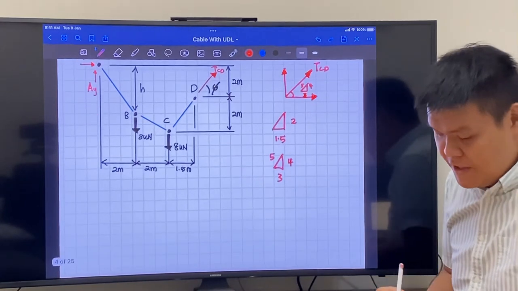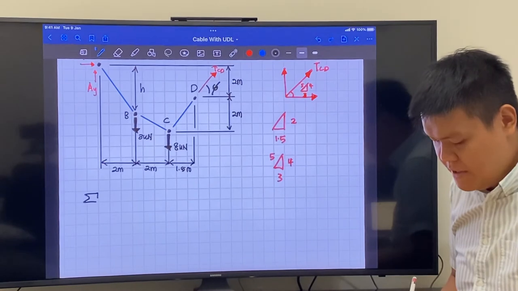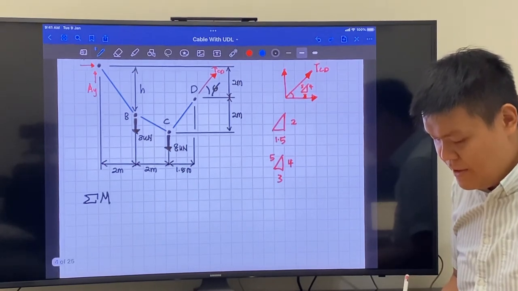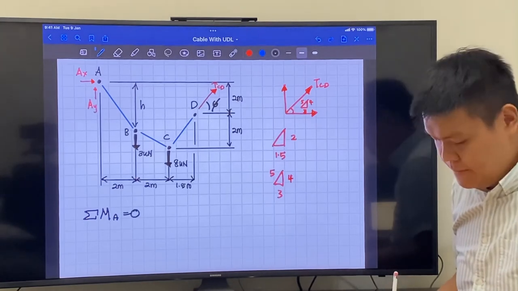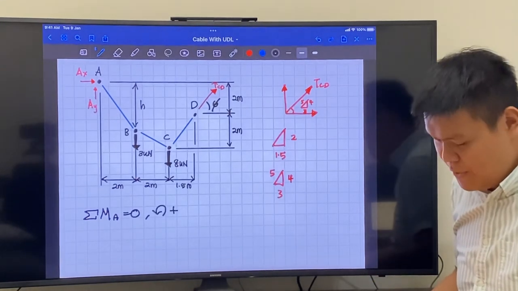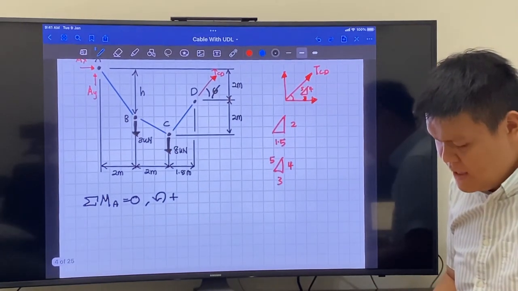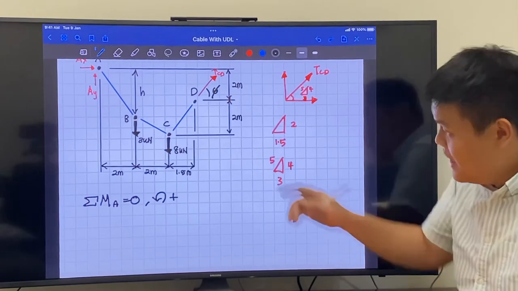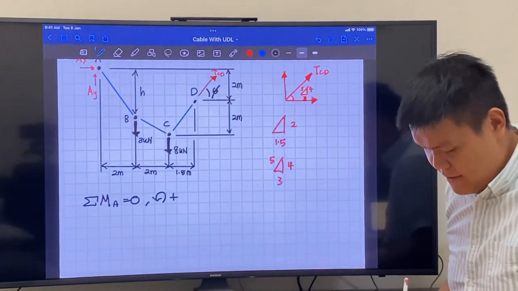Now, what we need to do, like I said before, is take the summation of moments at A equals 0, where the counterclockwise direction is positive. From here, we can see that B acts in a clockwise motion, so that gives us a negative value.